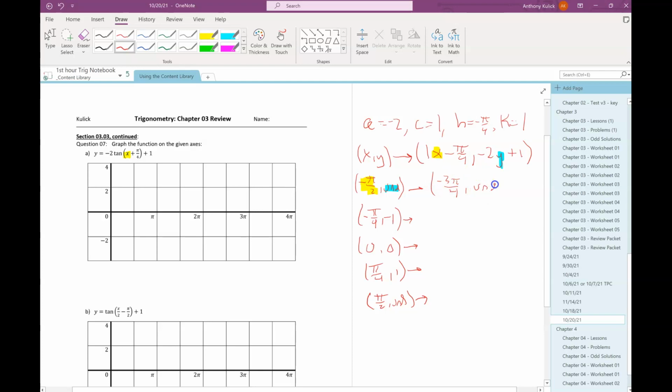And no matter what you do to undefined, it still stays undefined. And then that's going to be -1/2 and 3. It's -π/4 and 1, and then 0, and -1, and then +π/4 and undefined.